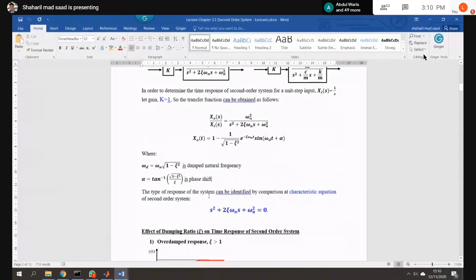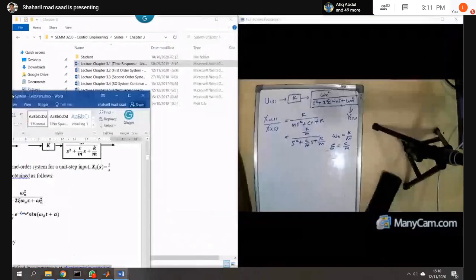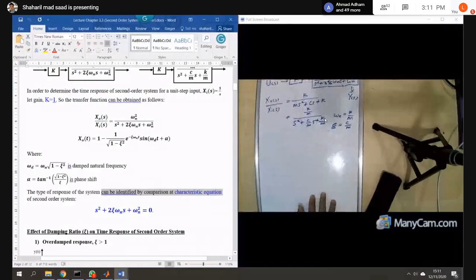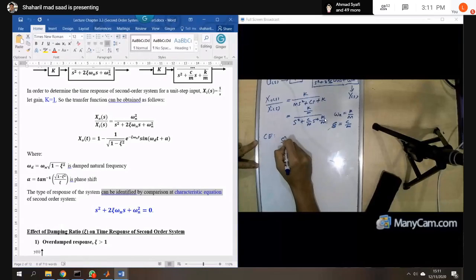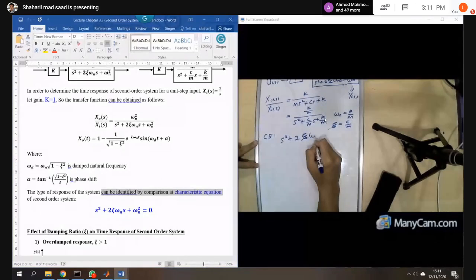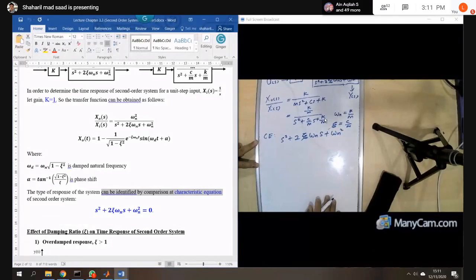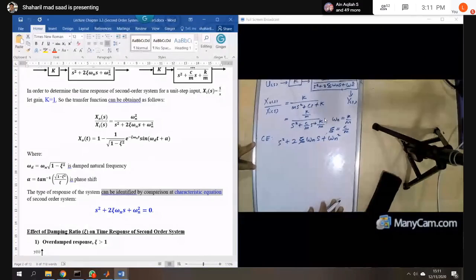The type of response of the system can be identified by comparison of the characteristic equation. The most important thing is you will use this word, characteristic equation. So the characteristic equation is s squared plus 2 theta omega n s plus omega n squared, and you can set it to 0.